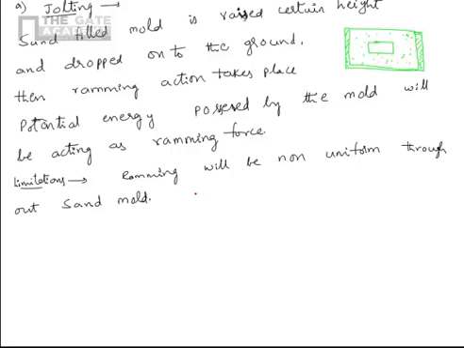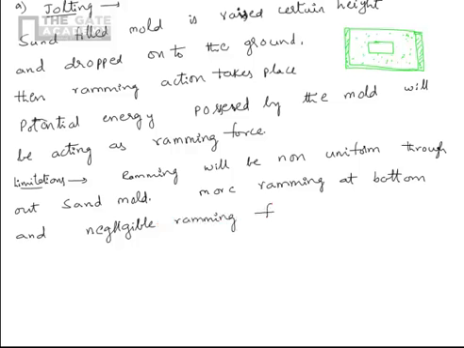There is more ramming at the bottom, and no ramming or less, negligible, ramming force acts on top of the molding box or mold, which results in loose sand on top.